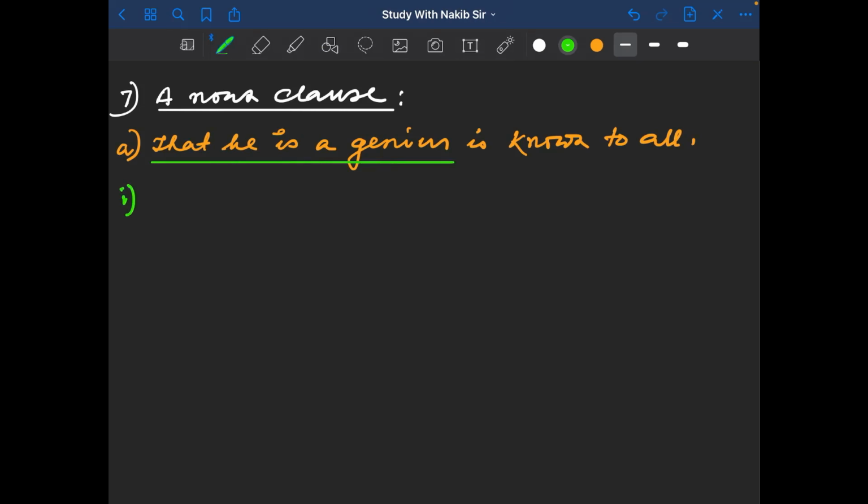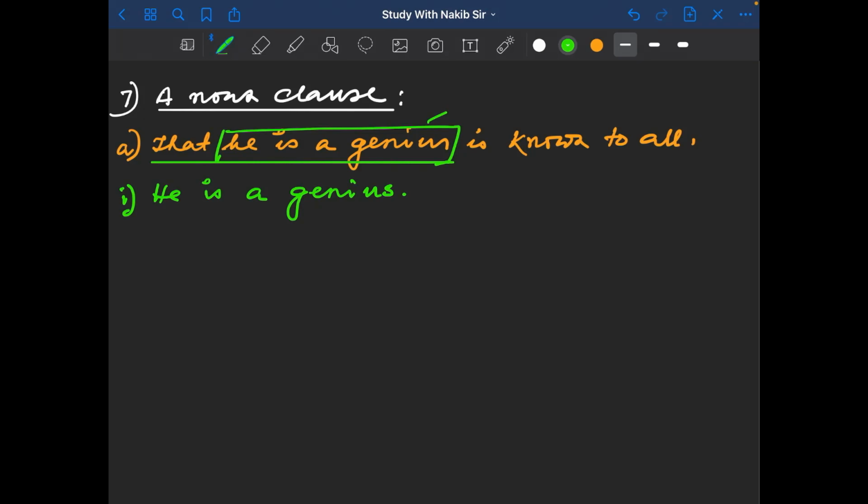That is a conjunction, so we won't use it. We will take this part: he is a genius. So this part is out.